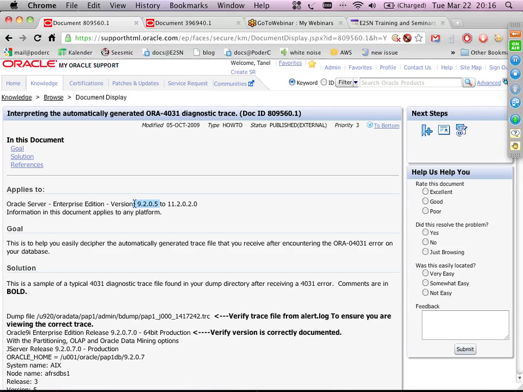So that covers almost all reasonable databases. I'm sure somebody still runs 7.3 somewhere, but these are usually legacy databases which not that many people care about anymore until they break, of course. All right.